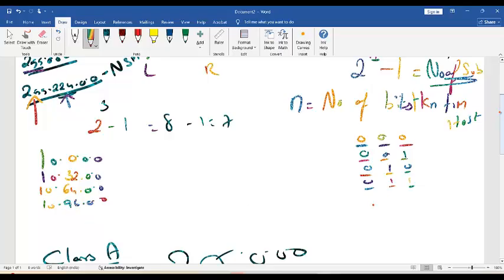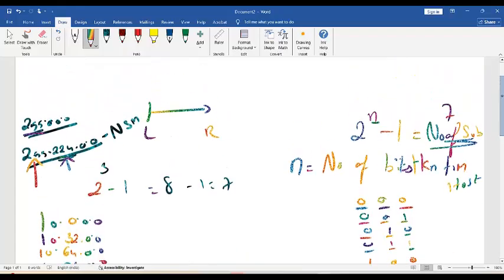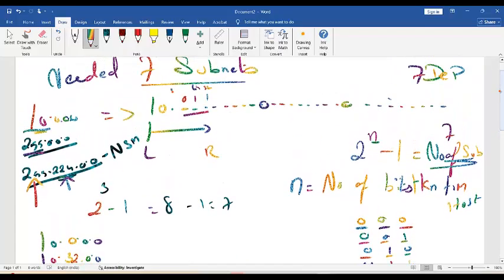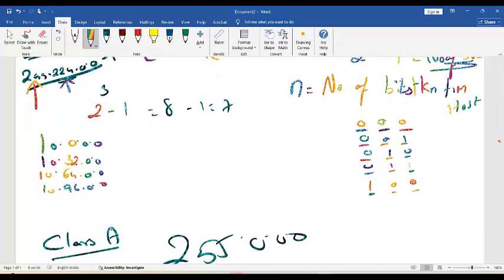Next, 100. What is the value? If this bit is 1, what is the value? 128. Yeah, 128. If here it is 1 and the others are 0, it's 128. So 10.128.0.0.